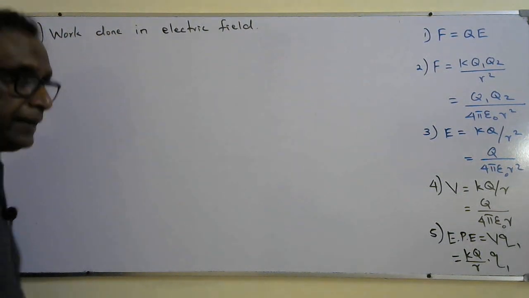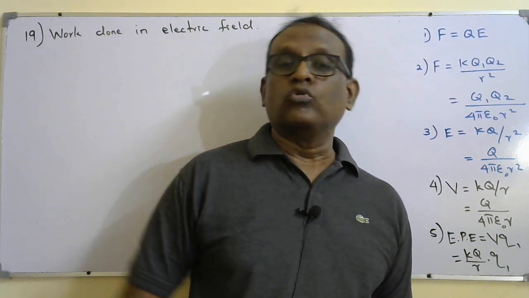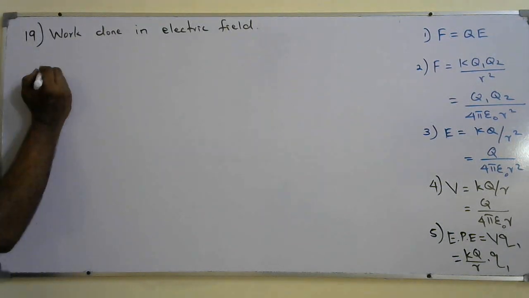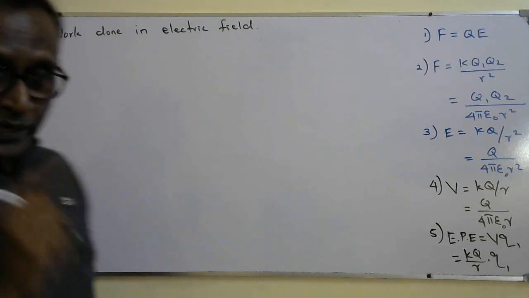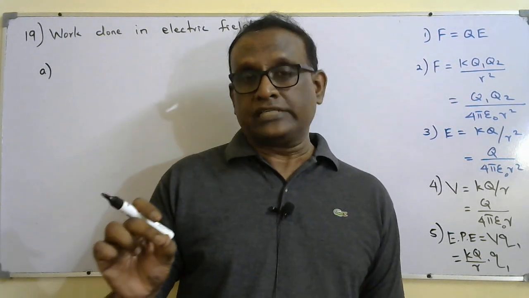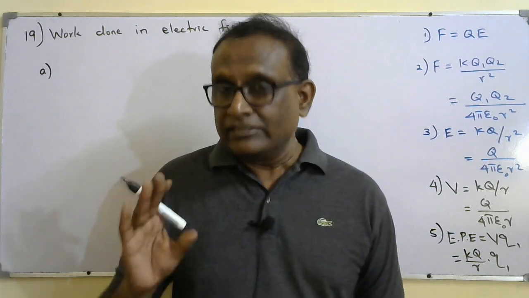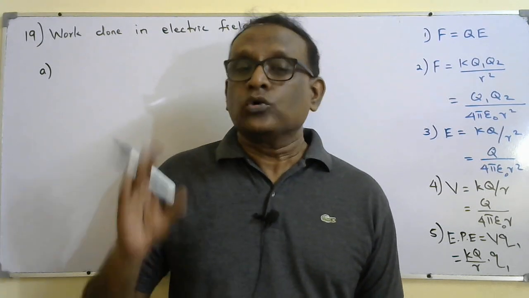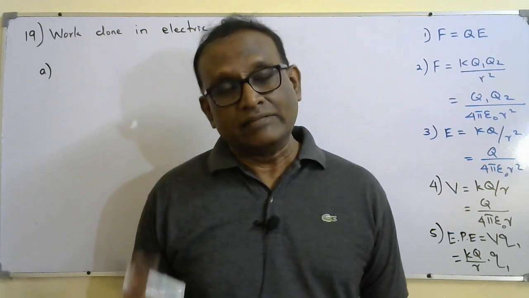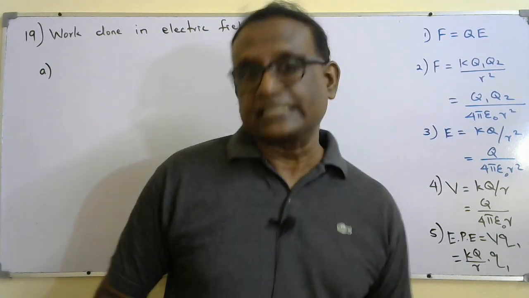So, how do we identify whether a charged particle is gaining or losing kinetic energy when it is moving in an electric field? First you must know that when a positively charged particle moves from a point with higher potential to a point with lower potential, it will gain kinetic energy and lose electrical potential energy.